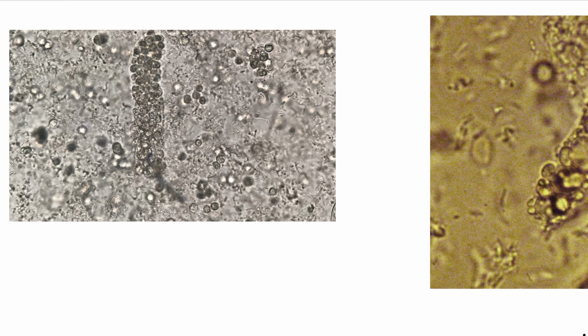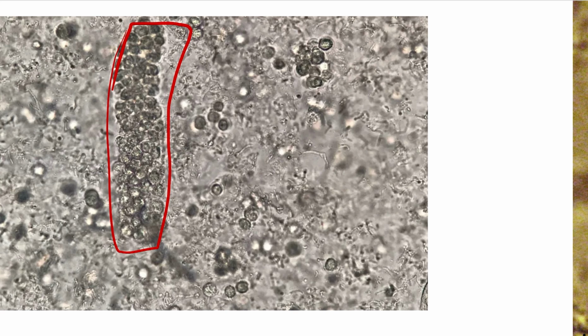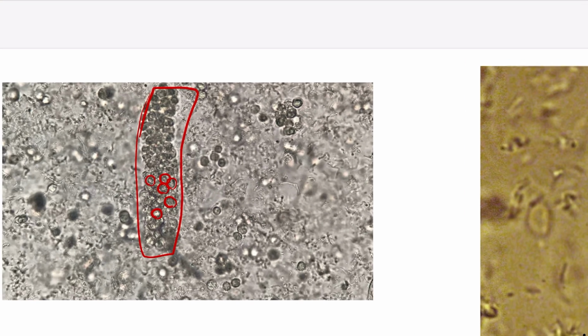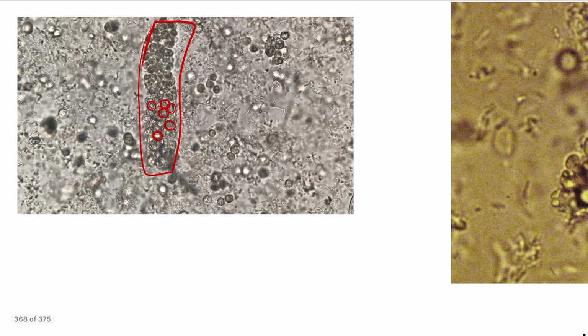Coming to this cast, again the same cylindrical structure formed by Tamm-Horsfall protein, but here the cells are a little different from the RBC cast we have seen previously. Here the cell outlines are clear, but inside the cell the cytoplasm is not clear. There are dust-like materials or granules present. This granular appearance of individual cells indicates WBCs. WBCs in the urine are also called pus cells.